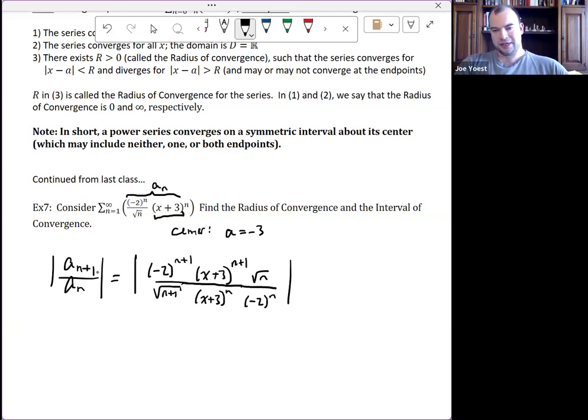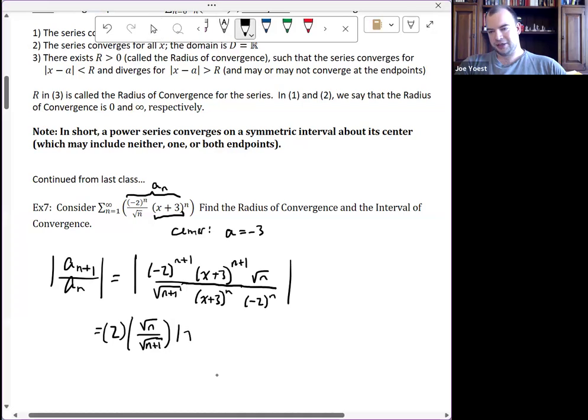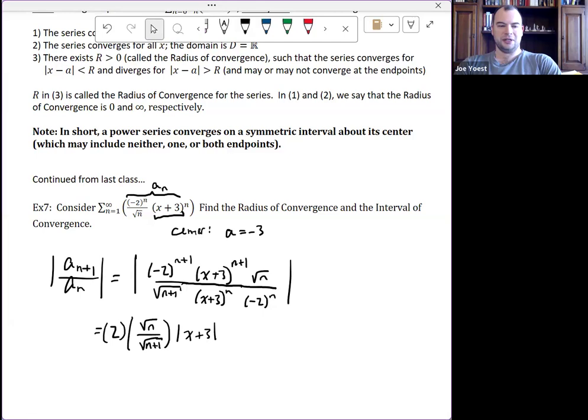All right, so what all do I have here? Well, the (-2)^(n+1) over (-2)^n comes out of the absolute value just as a factor of 2. Then I get root n over root n plus 1. And then I'm left with absolute value of x + 3. So that's what all of this simplifies to.